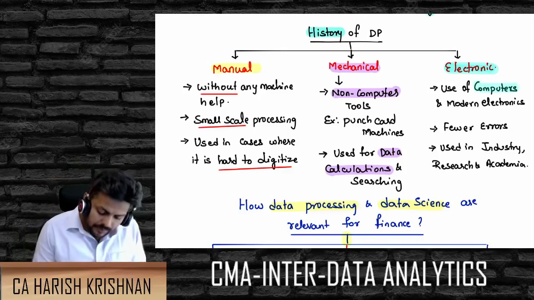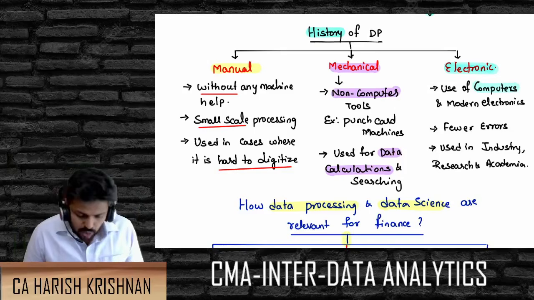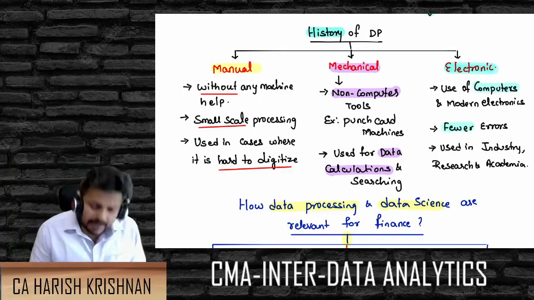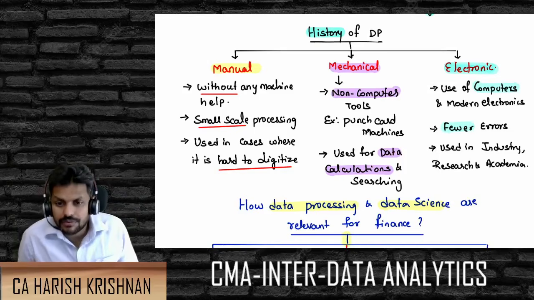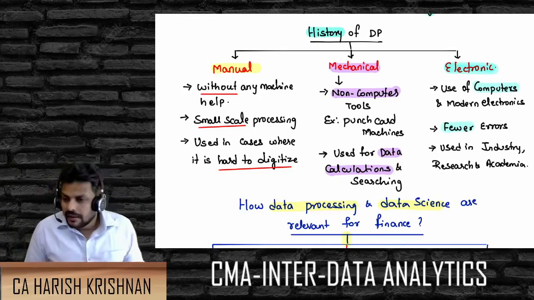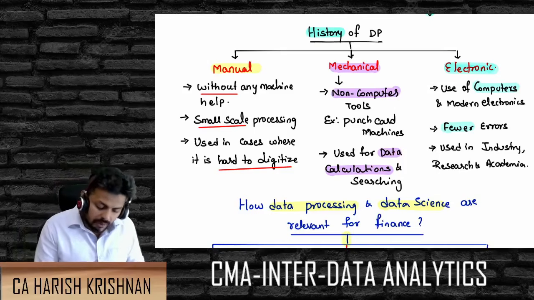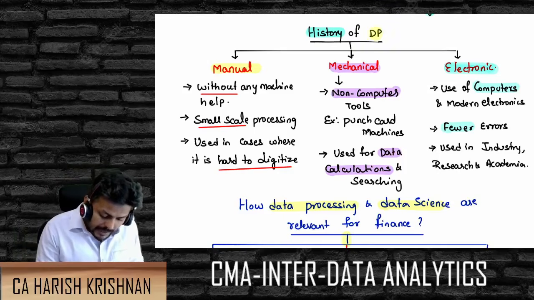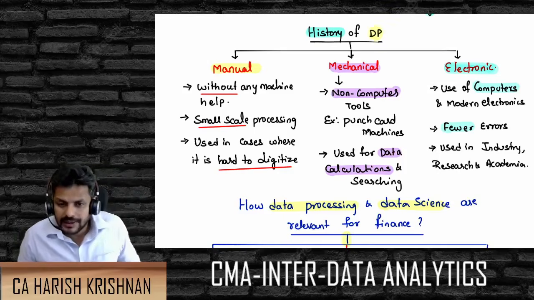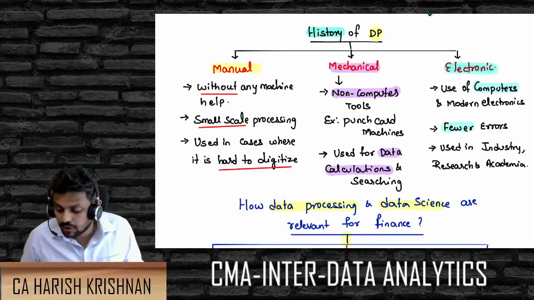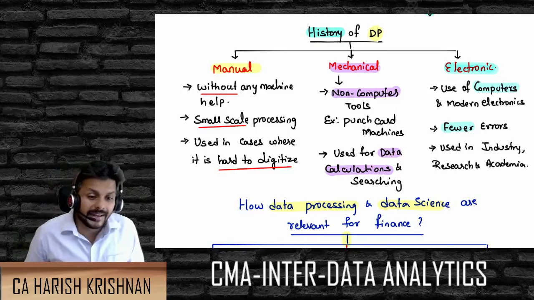The bigger and clear advantage of computers and other electronic tools is that there are very few errors, and it's used everywhere in industry today: research, academia, everywhere. Today in data processing we use electronic data processing, which also has a short form called EDP.